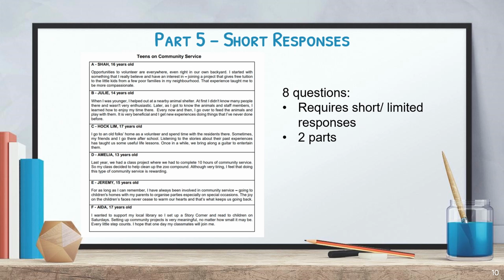It can be a brochure, a review, or an article which you will be required to read and find the answers, which are supposed to be short. Sometimes you may even have to fill in the blanks. So it is very short and simple. There's no need to write long sentences for this part.